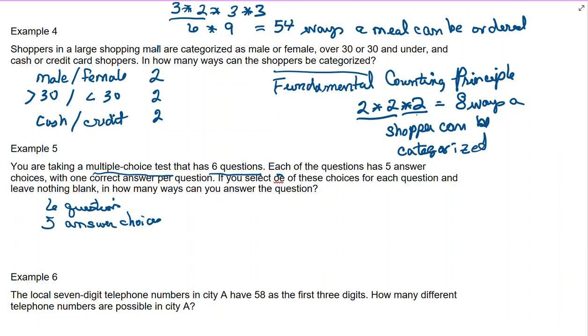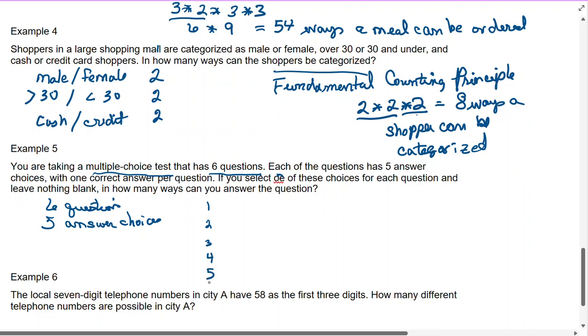A local 7-digit telephone number in city A has 358 as the first 3 digits. I have a typo here, and I'm sorry about that. I wrote it down after I typed the information.